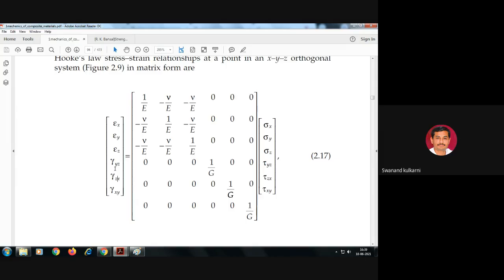Then I am formulating one matrix structure, and with that matrix structure, I will come to know any strain here. Suppose I am solving this matrix now. If I want epsilon x, then I will take the first row and first column. Is it okay? Are you observing this particular matrix?